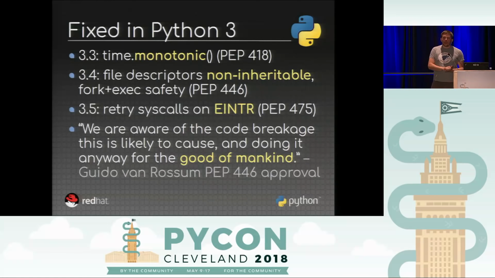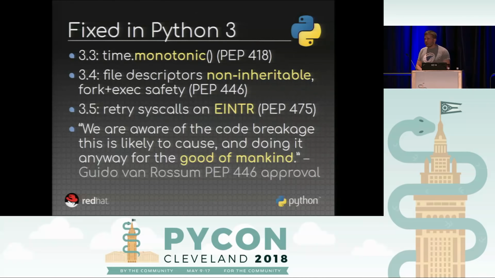To give you a concrete example, in Python 3.4, we changed file descriptors to make them non-inheritable by default, which means that if you use fork plus exec, by default, you will not inherit open file descriptors.